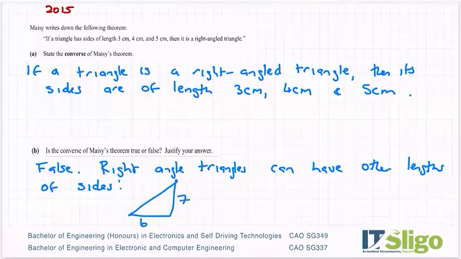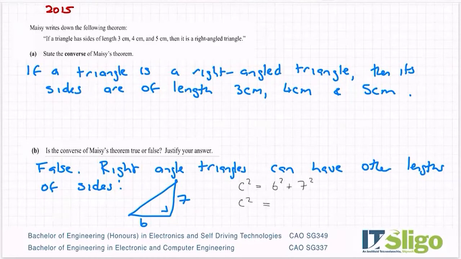So let's go 6 and 7. I'm just picking them off the top of my head. And let's see what the hypotenuse would be. So c squared is equal to 6 squared plus 7 squared. C squared is equal to, I'm just popping on my calculator, 6 squared plus 7 squared is 85. C is equal to the square root of 85, which is 9.22.